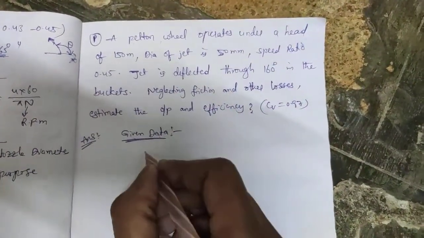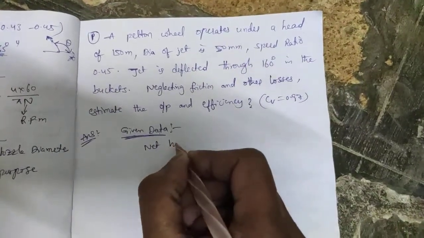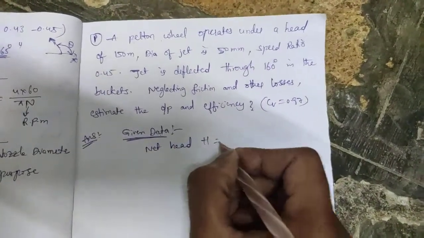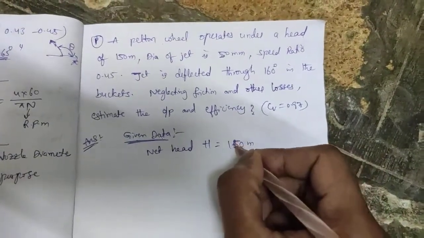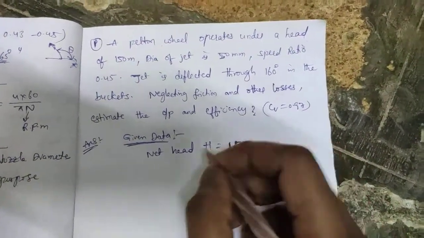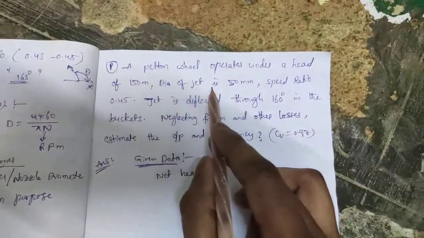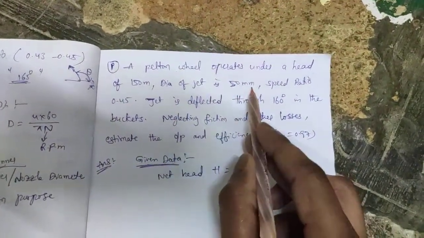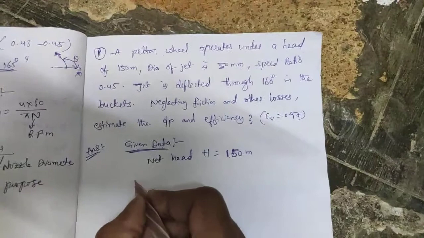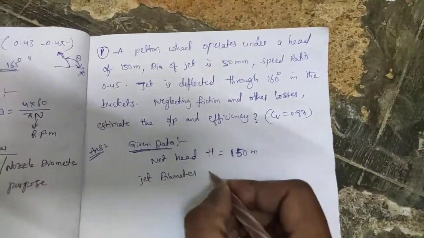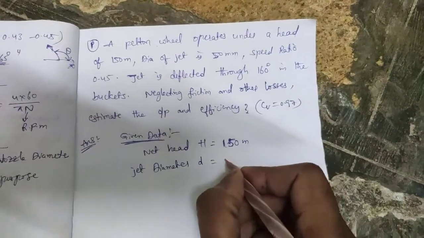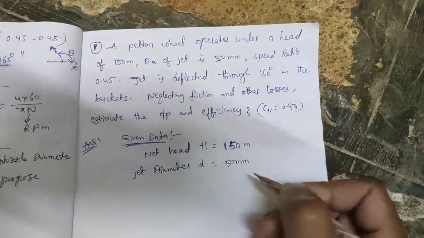Net head H equals 150 meters and diameter of jet is 50 mm. Jet diameter, that is small d, is 50 mm.